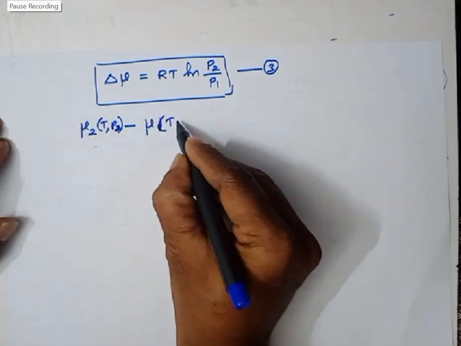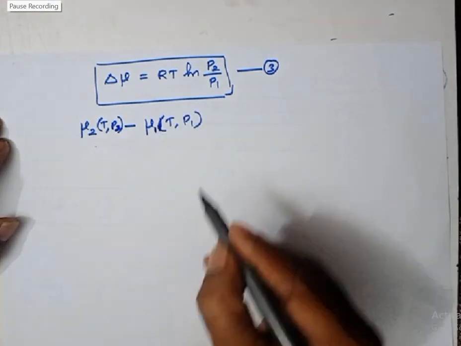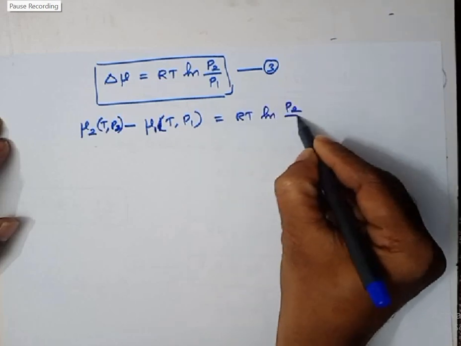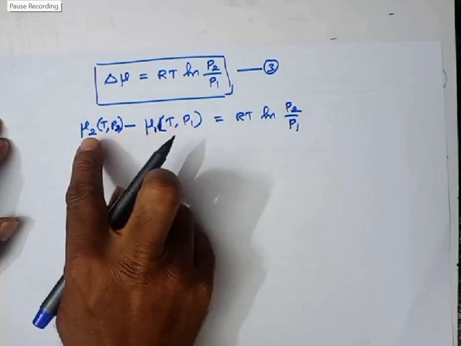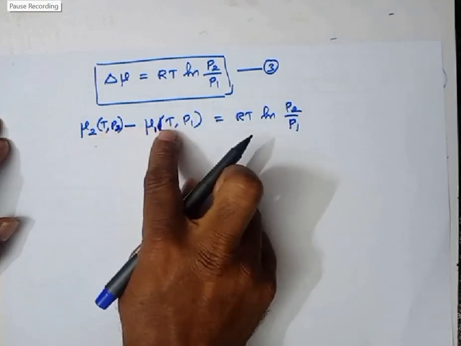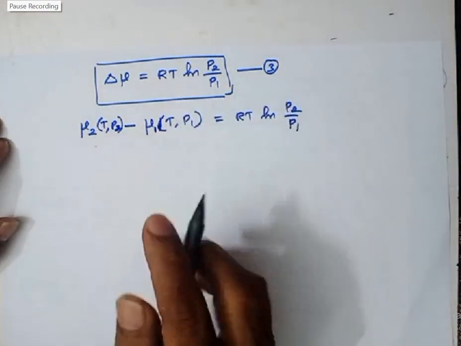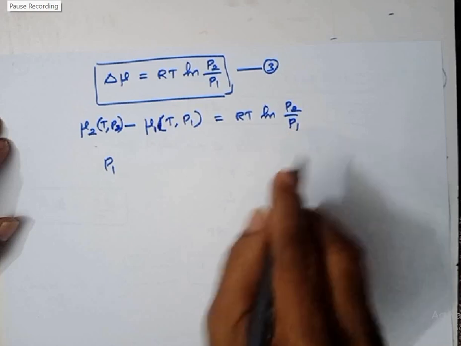At temperature T and pressure P1, the chemical potential is mu1. Mu2 minus mu1 is equal to RT ln P2 by P1. I have now only expanded the delta mu, final chemical potential minus initial. That is delta mu.